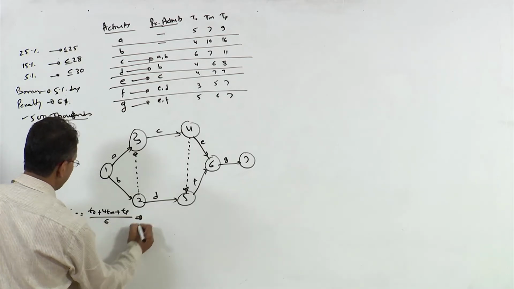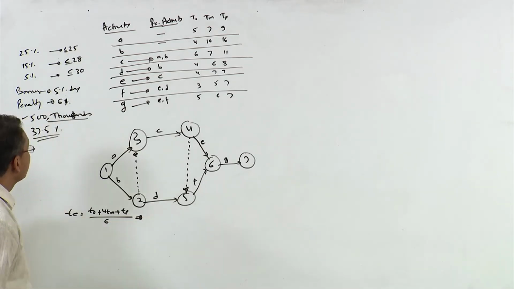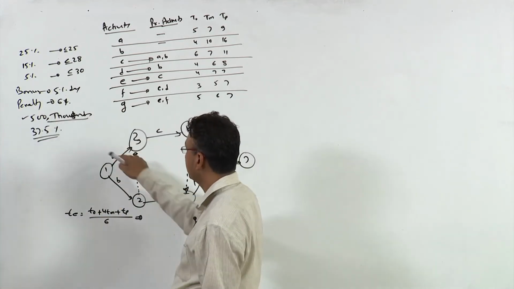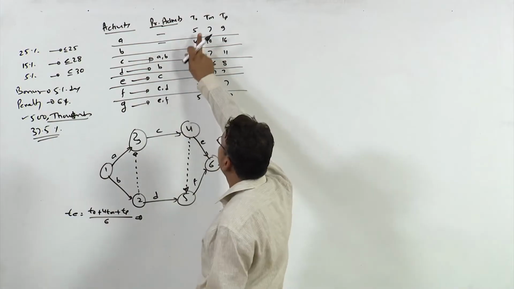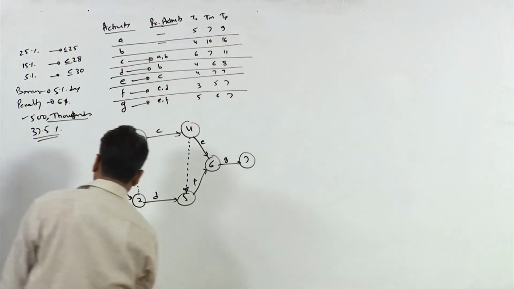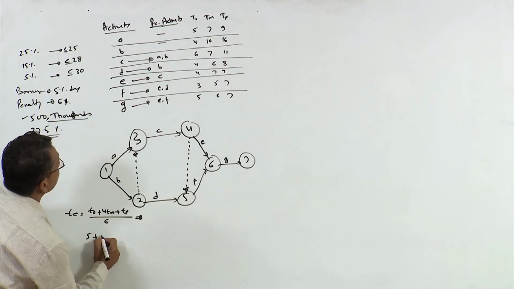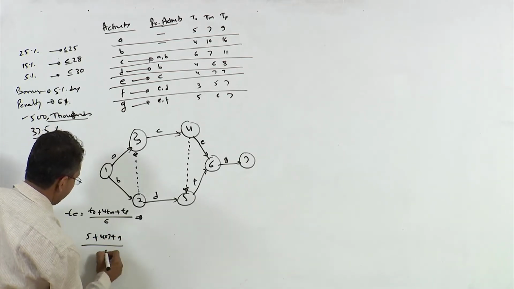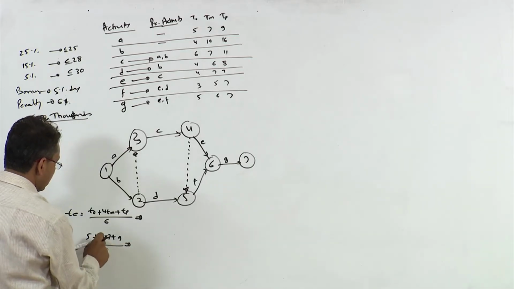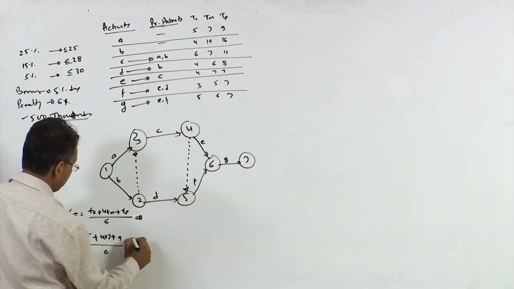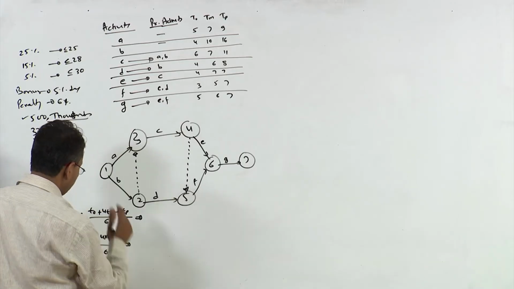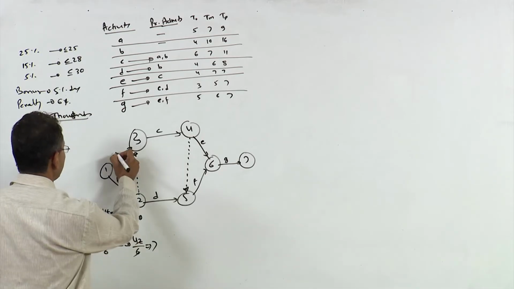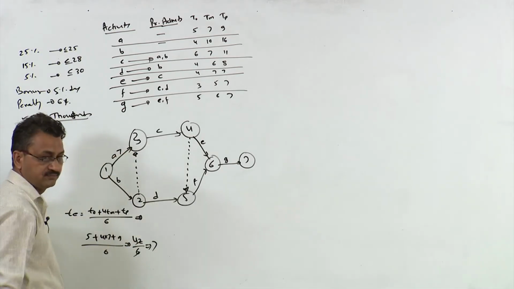For A, let us calculate the expected value: 5 plus 4 into 7, plus 9, divided by 6. This is 28 plus 14, which is 42, divided by 6. So this is 7. The duration of this activity is 7.